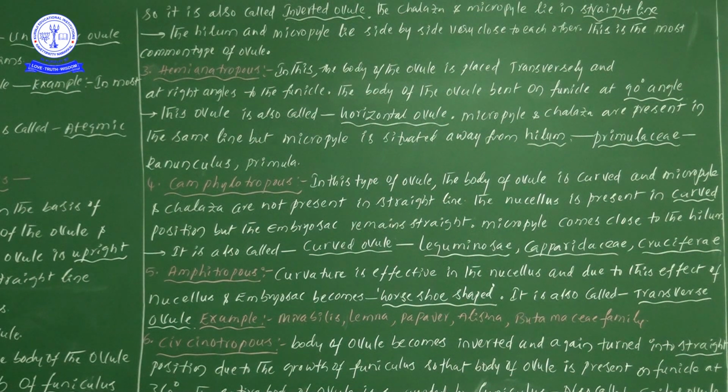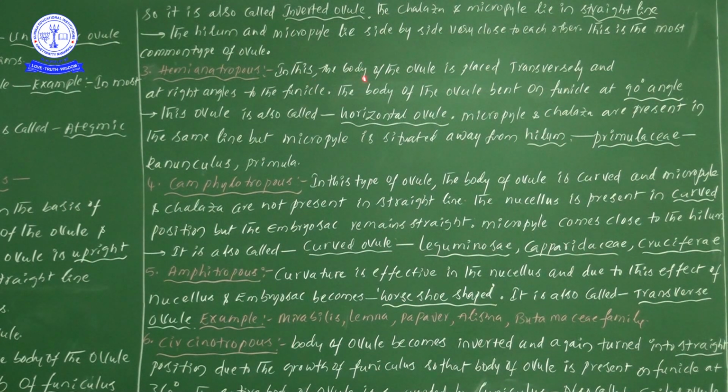Next one, anatropous ovule. The body of the ovule is completely turned at a 180 degrees angle. That kind of ovule we can observe in angiosperms. Next one, hemitropous.